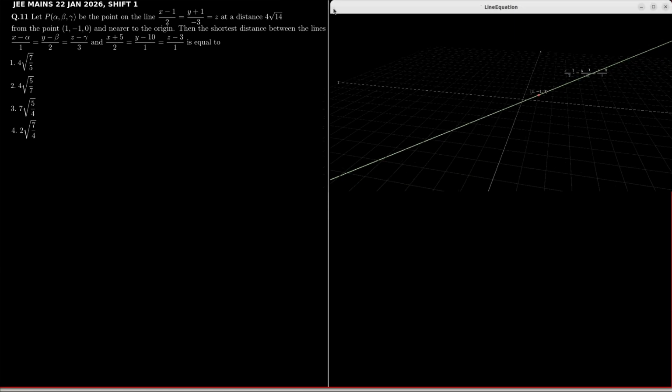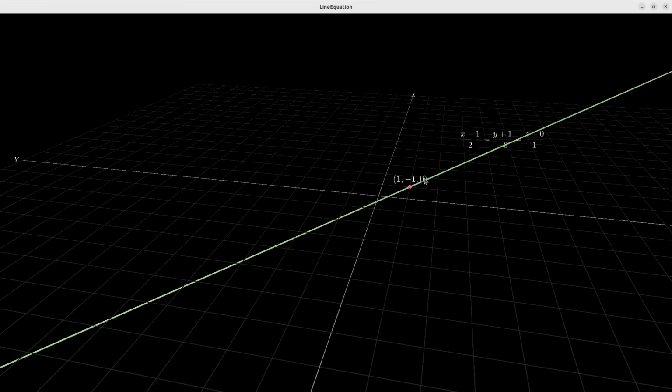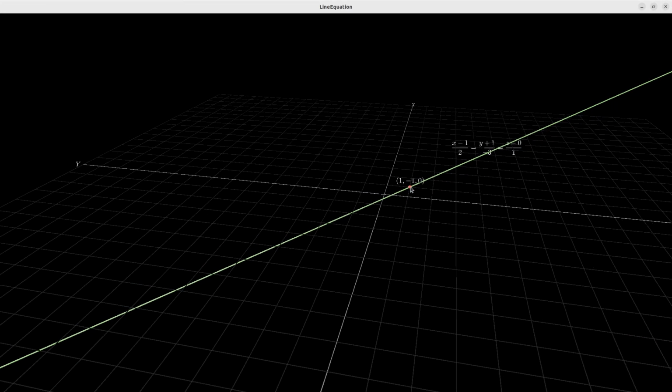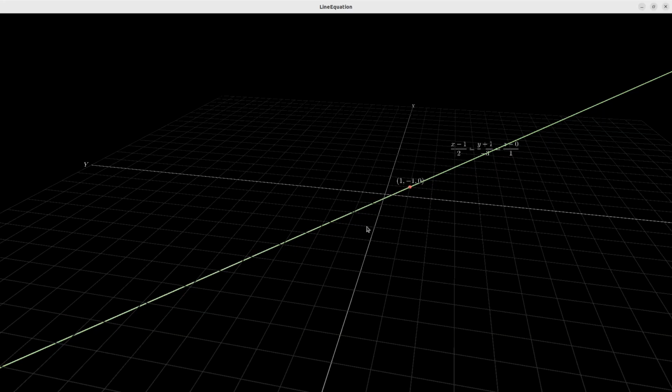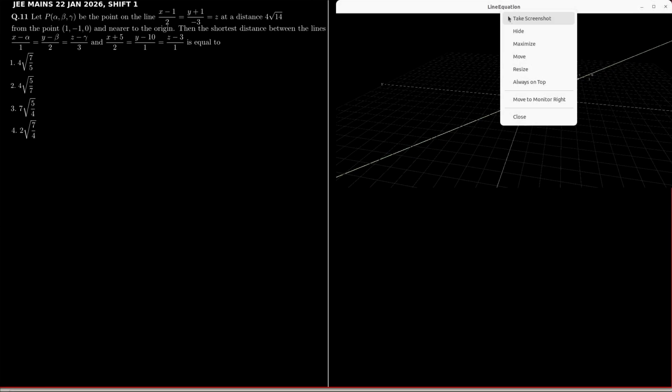Now we need to find the point P. The point P that is at a distance of 4 root 14 from the point (1, minus 1, 0). So here (1, minus 1, 0) is here. The point P (alpha, beta, gamma) is at 4 root 14 from this point and is also on the given line. Okay, let's start solving this question.